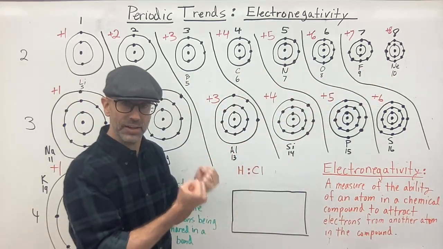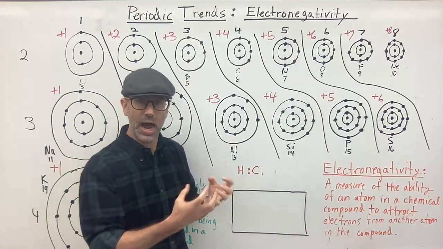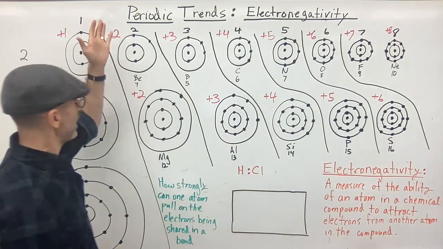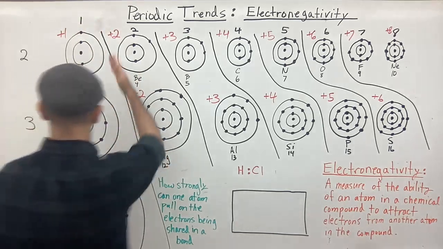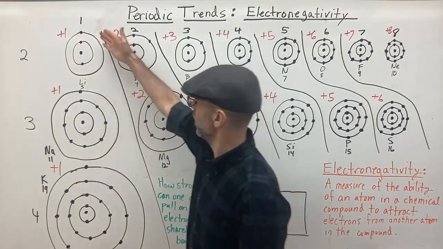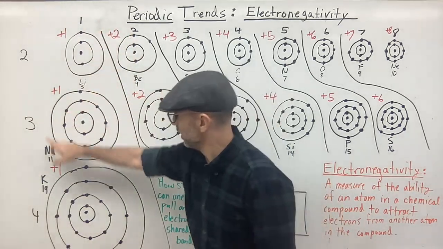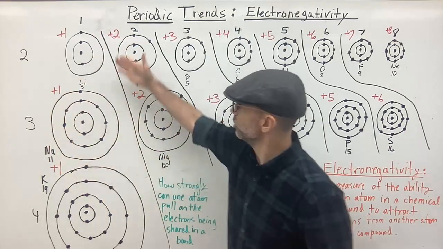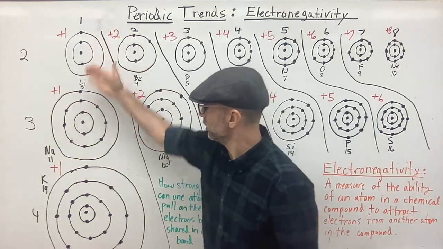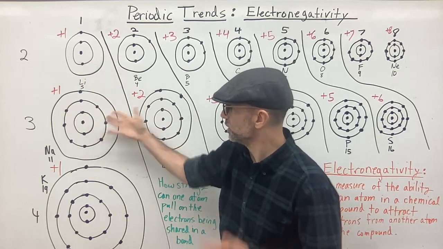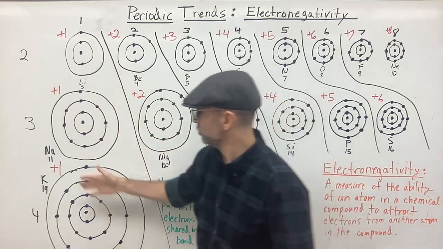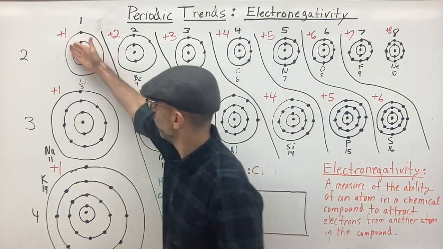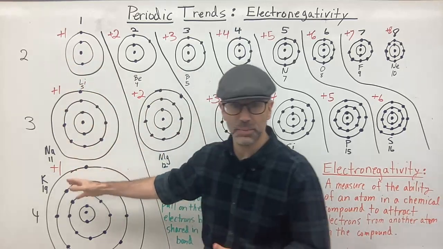As we're going down a group, we're adding an energy shell. The shielding increases, and the number of protons in the nucleus increases, but they both cancel each other out. So the total effective nuclear charge stays about the same.